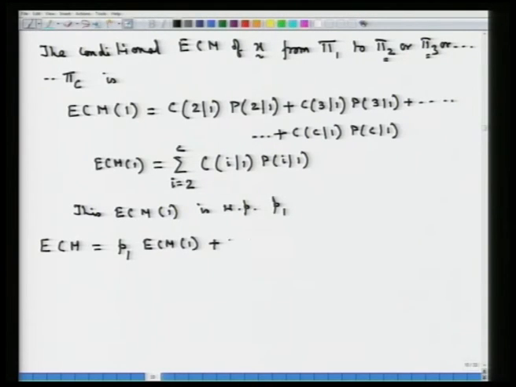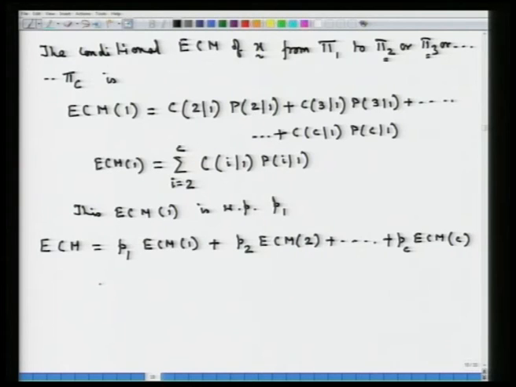That, plus the expected cost of misclassification conditioned on the observation coming from the second population, would similarly be ECM2 with probability P2. Thus we will have to look at all such conditional expected costs of misclassification, up to ECM c for the cth population.